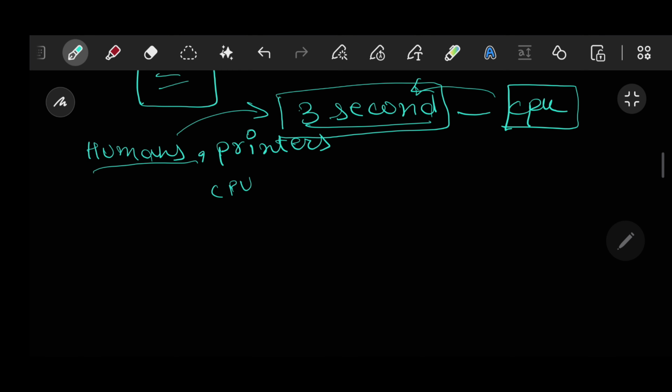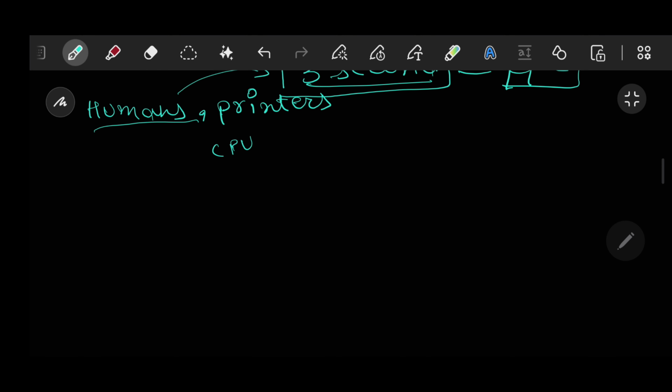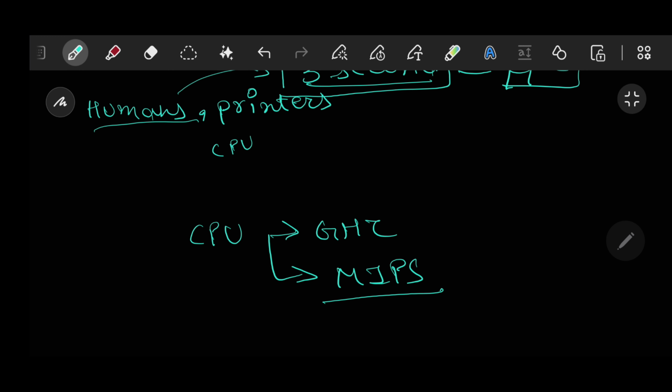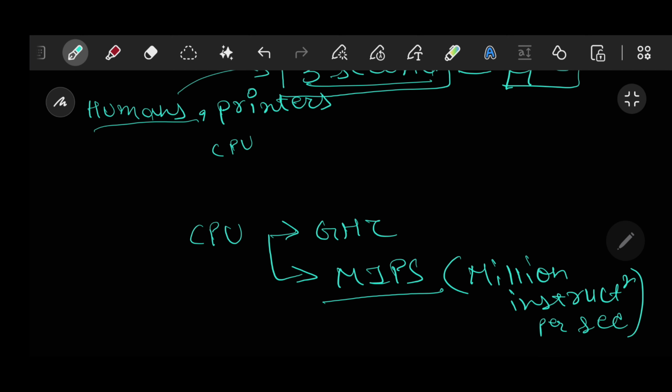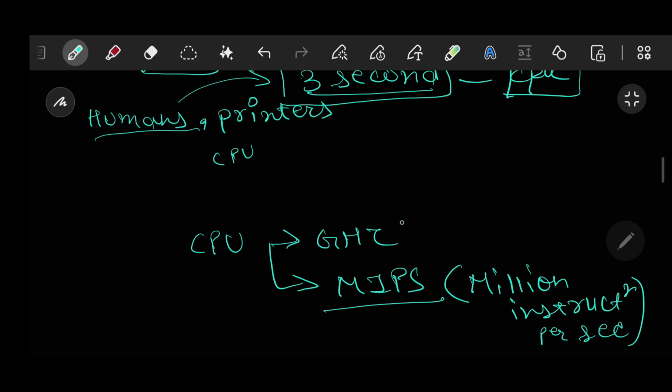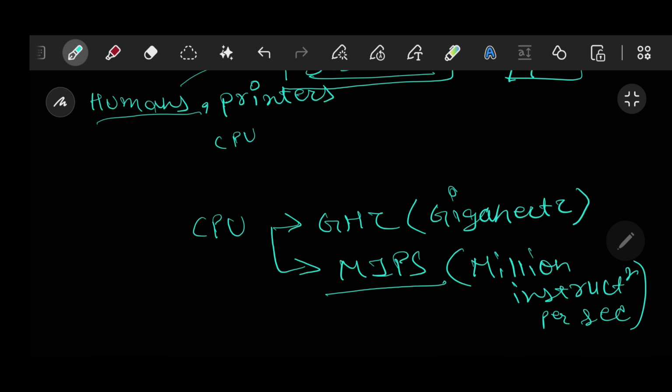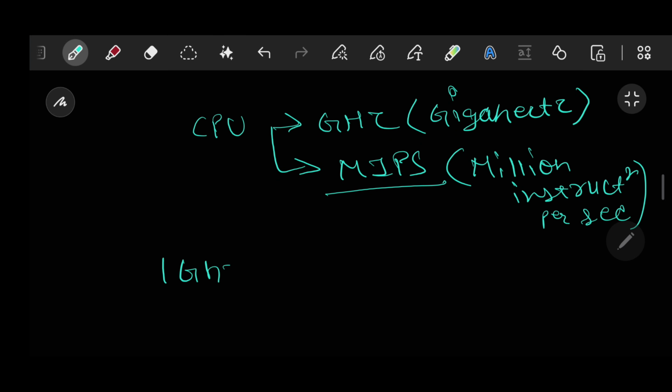To give you an idea how fast the CPU is, modern CPUs come in gigahertz, while the older CPUs came in MIPS, million instructions per second. But now the modern CPUs are even faster. They operate in gigahertz. 1 gigahertz is equal to 10 to the power 9 cycles per second.